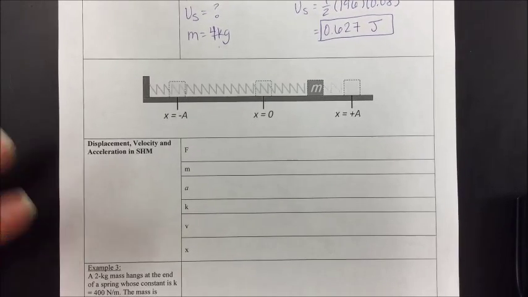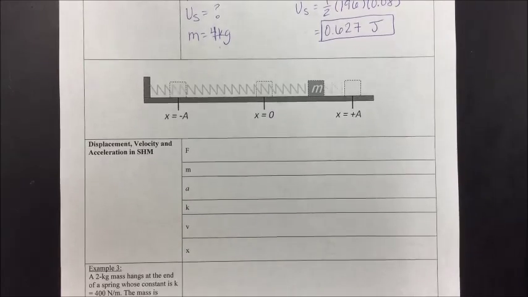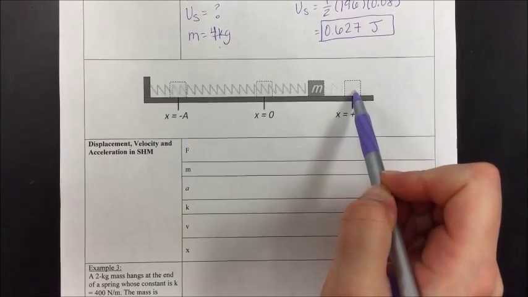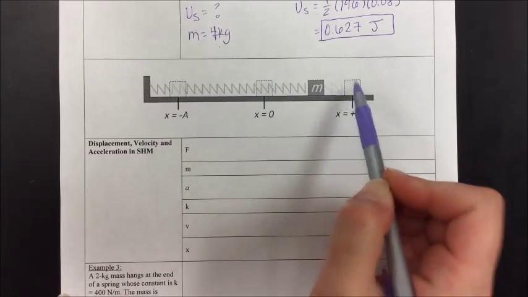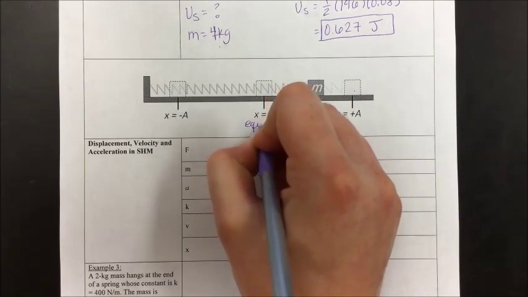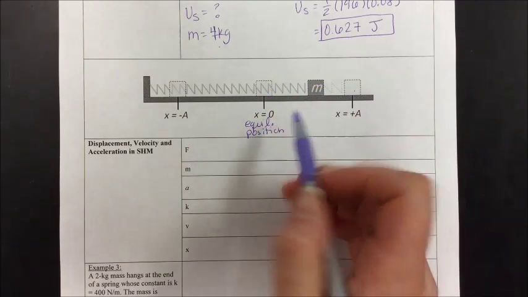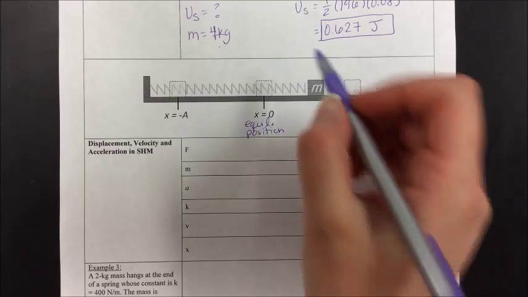So let's discuss simple harmonic motion. One of the main ways that we can illustrate simple harmonic motion is a mass that's oscillating back and forth on a spring. So here we have our equilibrium position. That's x equals 0, and it's going to go back and forth.